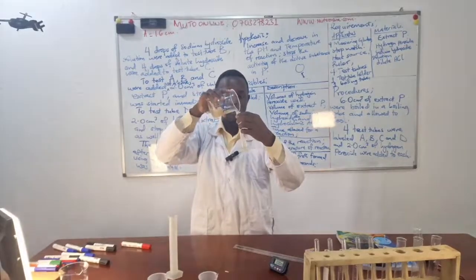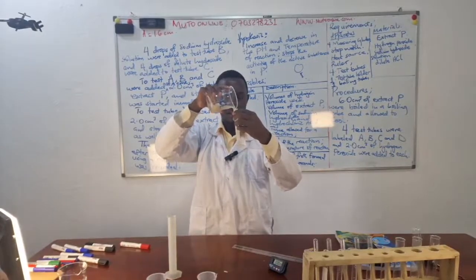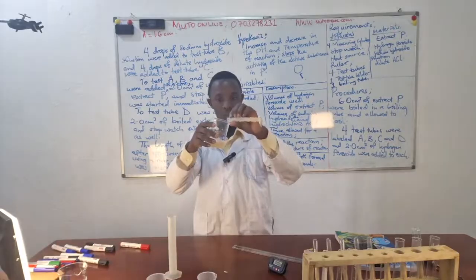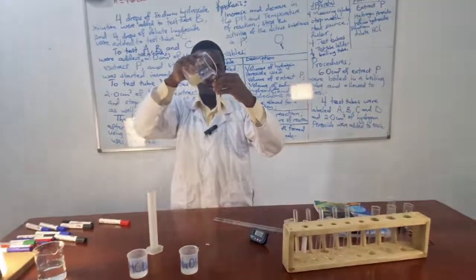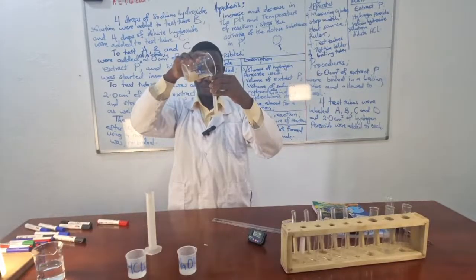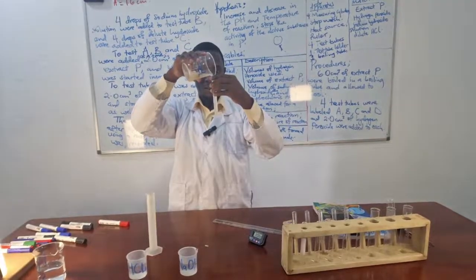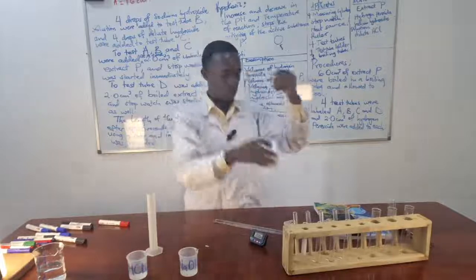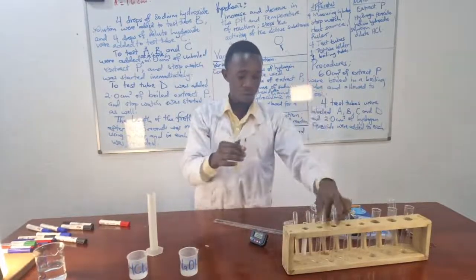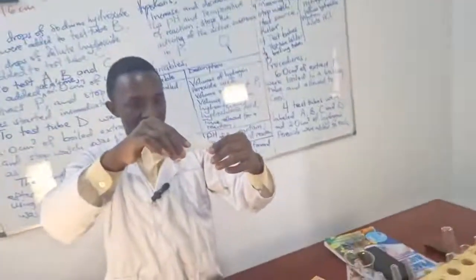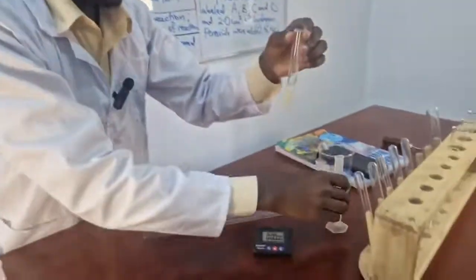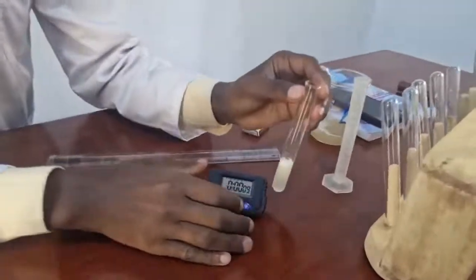Now I'm going to test tube B, 2 cubic centimeters. So I'm going to B. Immediately I add, I will start my stopwatch.